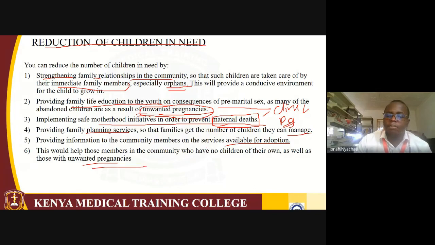So you can tell them about the whole scenario of adoption, how it happens, so that we prevent those children who are unwanted from being rendered homeless.